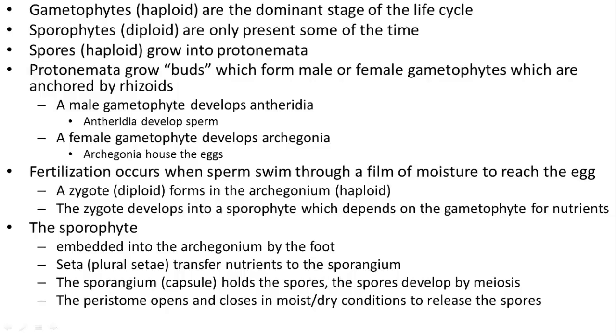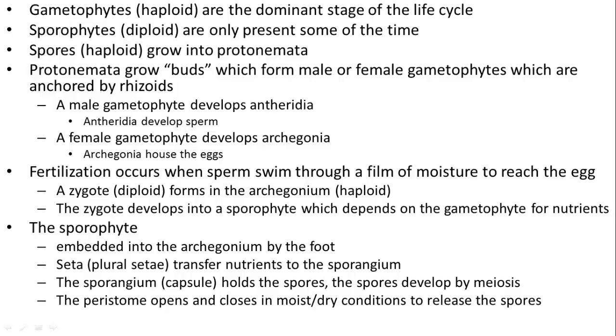When fertilization occurs, because sperm, through the medium of water, enter into the archegonia where the eggs are, they will form a zygote, which stays in the archegonium, and then the zygote develops into a sporophyte, and before that it is an embryo which is dependent on the gametophyte for nutrients.